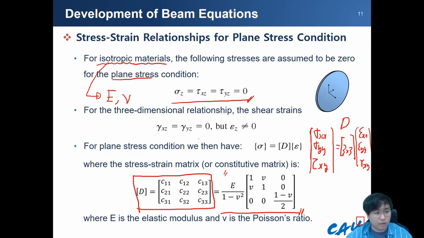Maybe do you remember the compliance tensors? This is the Young's modulus, and then this is the compliance, which we normally denote by S. Using this, maybe you guys learned about the Poisson effect of the solid structure.